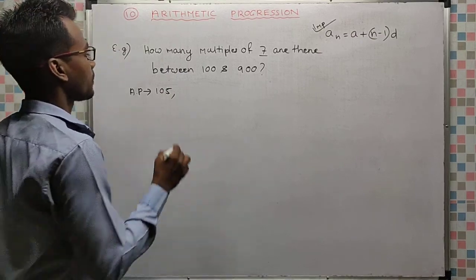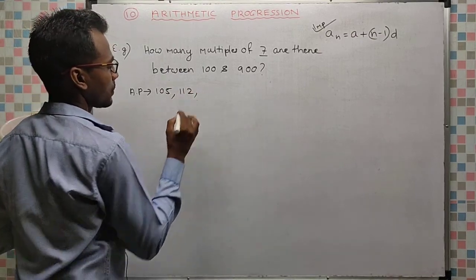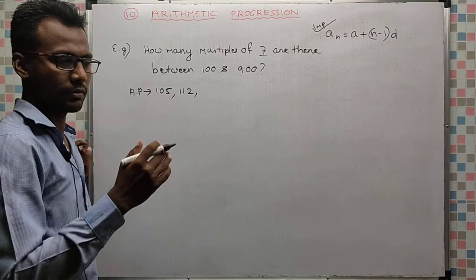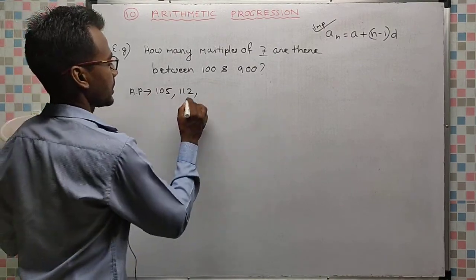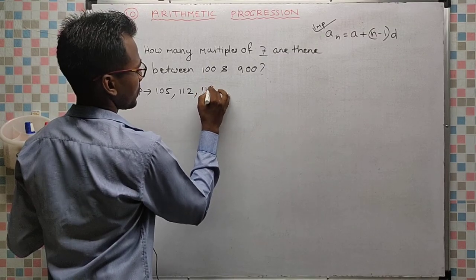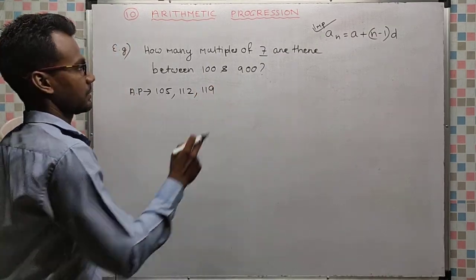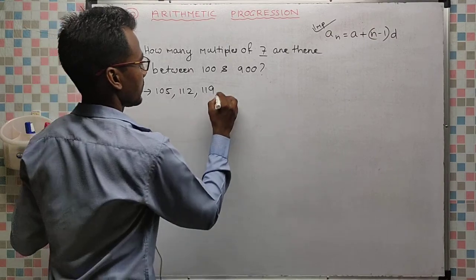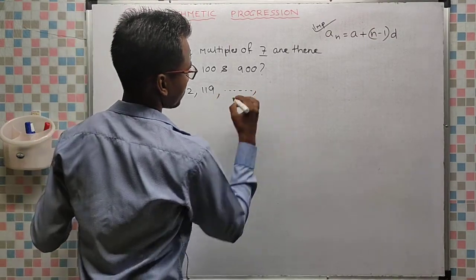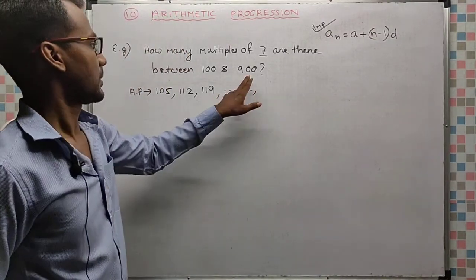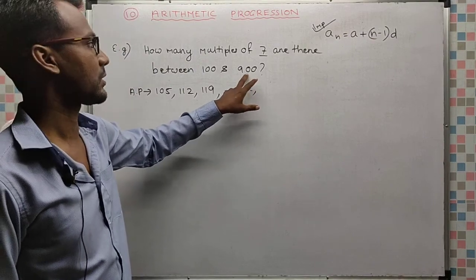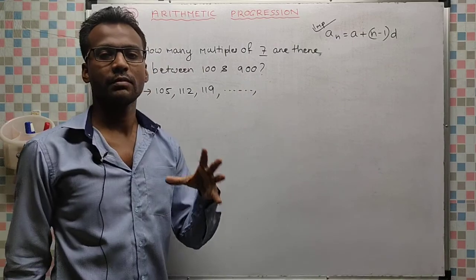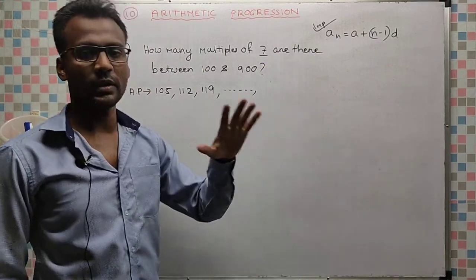The next multiple will obviously be 112, that is plus 7, because we are taking multiples of 7. The next will be 119, and in this way it will continue. Clearly 900 is not divisible by 7, so find the multiple of 7 just below 900.